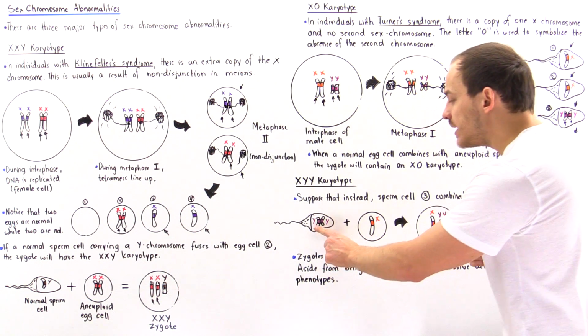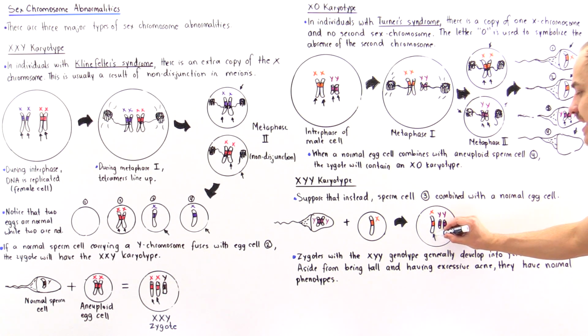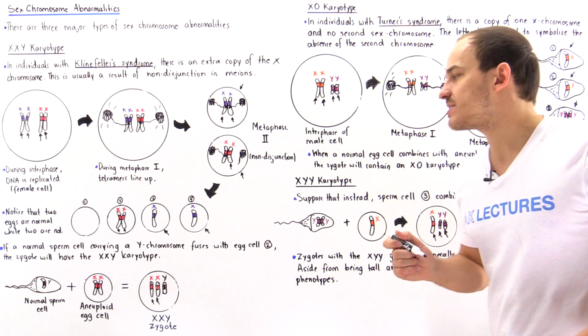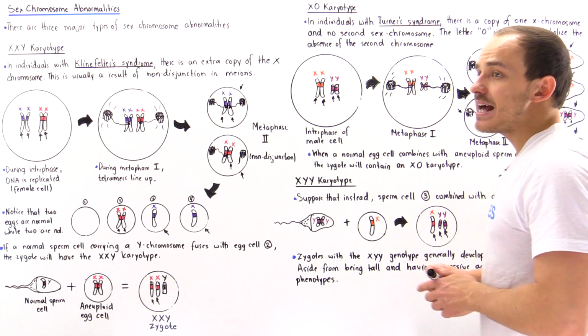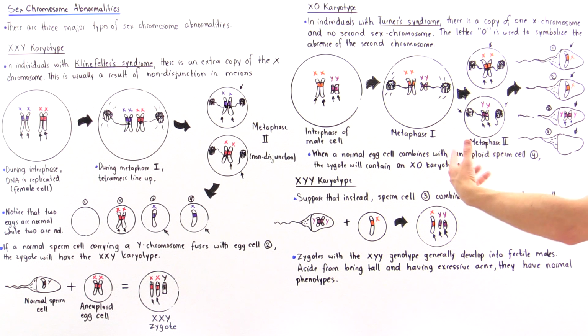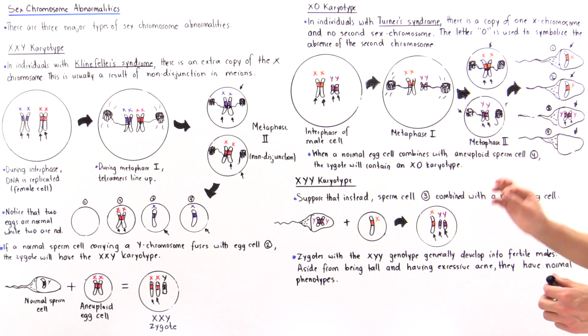Well, we have two identical Y chromosomes and one X chromosome, so we form a zygote that has an XYY genotype, and that's what we mean by an XYY karyotype. It turns out that zygotes with the XYY karyotype generally develop into fertile males.